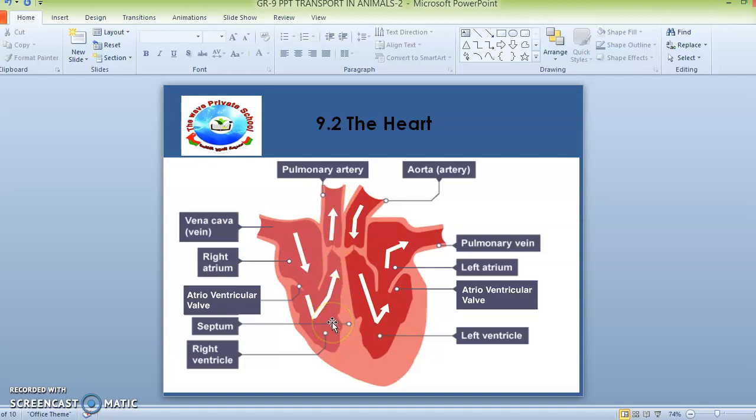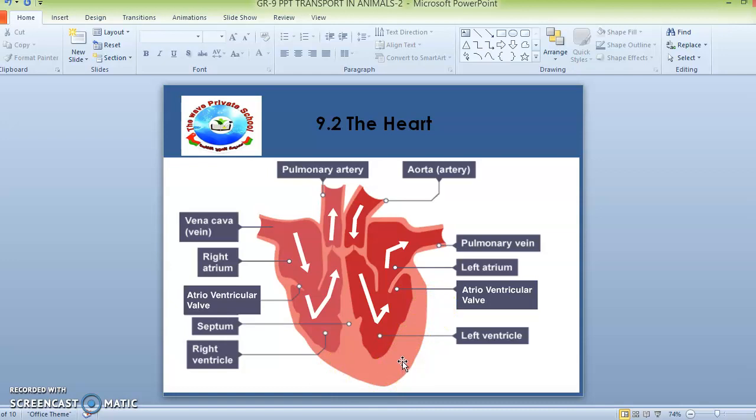They do this by contracting the muscle in their walls. The strong cardiac muscle contracts with considerable force, squeezing inwards on the blood inside the heart and pushing it out.